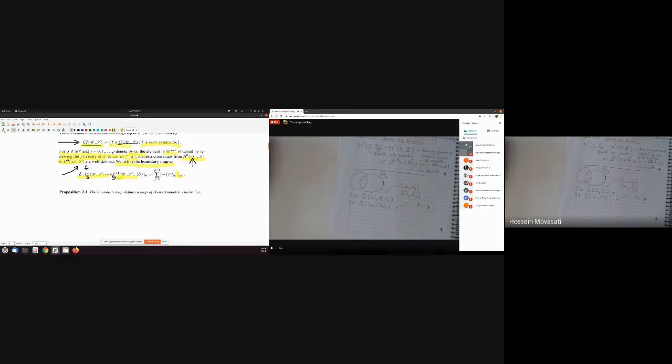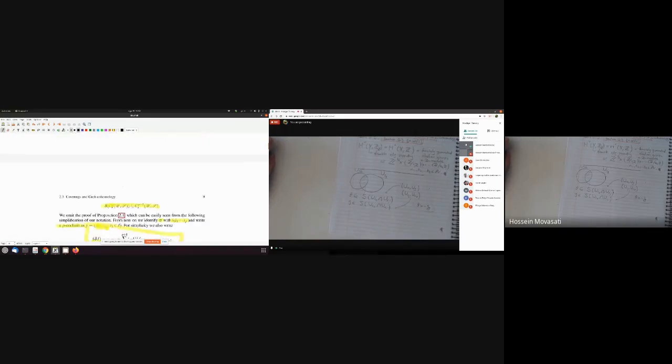Here one has to write delta p, but usually we remove this p from our notation because it will not cause confusion.